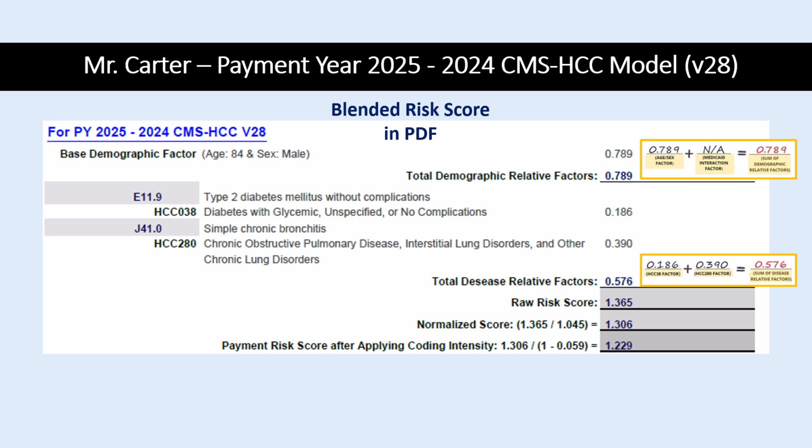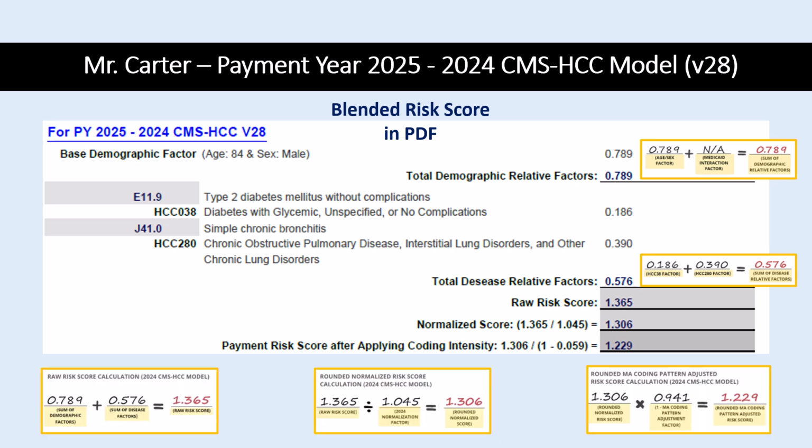The first step is to add the sum of Mr. Carter's demographic factors, which is 0.789, to the sum of his disease factors, which is 0.576, to determine the raw risk score. Mr. Carter's raw risk score, using the 2024 CMS-HCC model, is 1.365.